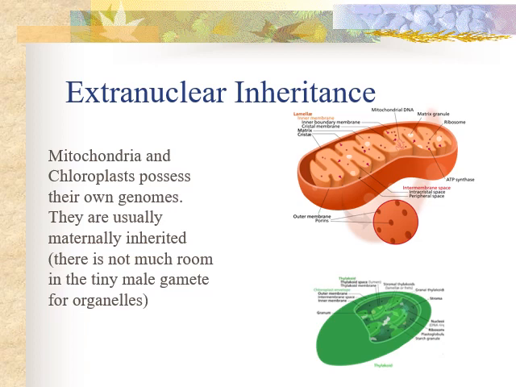And that's super neat because we can actually use mitochondrial DNA to trace back our ancestry through our mother's line, and that lets us track human migrations from the earliest humans evolving on the planet, moving out of Africa in multiple waves. So extranuclear inheritance is any DNA that's inherited from outside the nucleus, specifically in the mitochondria and the chloroplast. And it will follow the mother's line more than the father's line.